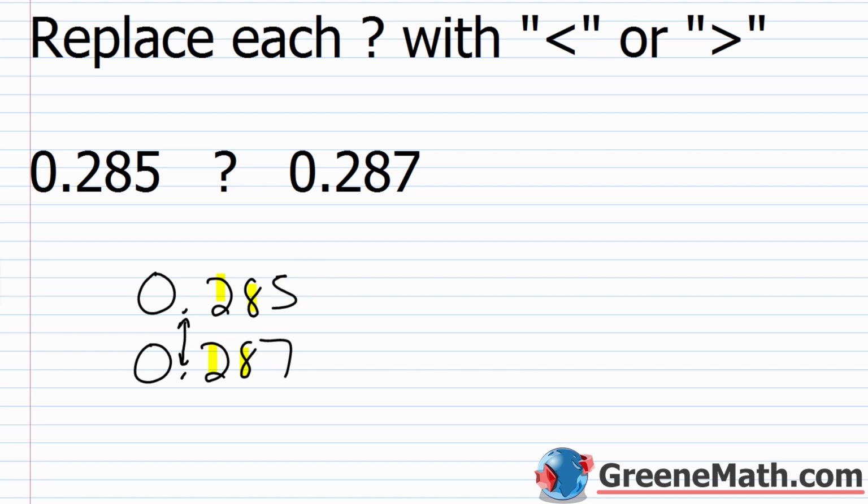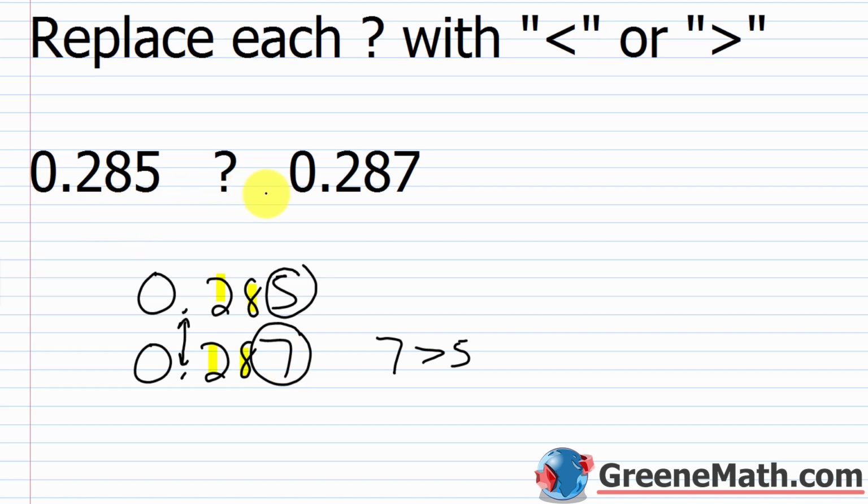Now I have something different. I have a 5 and I have a 7. Now we all know that 7 is greater than 5, so that tells me that the number that has the 7 is the bigger number. So basically what you're doing is you're just moving to the right until you find corresponding digits that are different. The digit that's larger is going to belong to the bigger number.